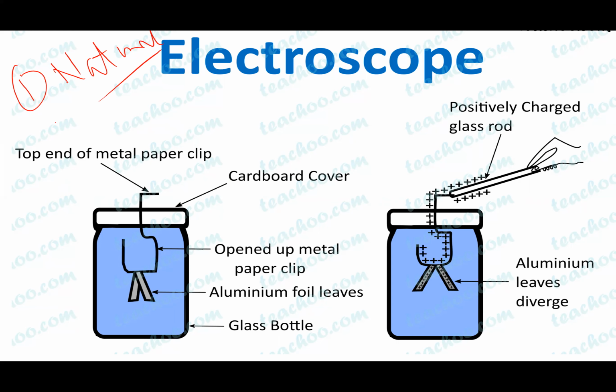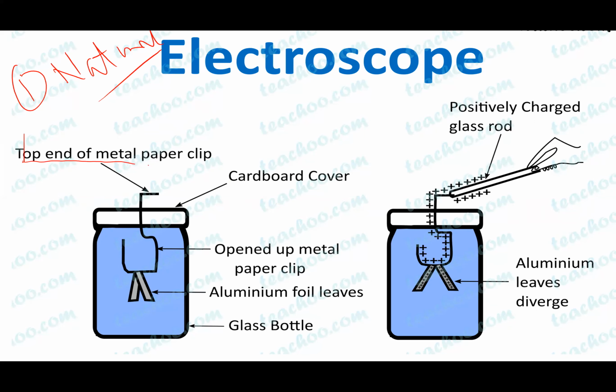If you have a body and you want to know whether it is positively charged or negatively charged, the instrument used is the electroscope. It is also used for identification of charge on a body.